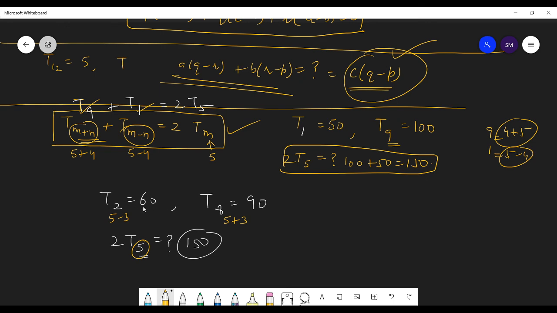Yes, sir. बेटा, समझ में आई बात? नहीं आई समझ में? आ गई सर. तो T5 प्लस 3 प्लस T5 माइनस 3 इज इक्वल टू 2T, जो बड़े वाला नंबर है 5, तो 2T5. और तो 2T5 हो गया इन दोनों का सम. और ये आपको दे रखा था 90 और ये आपको दे रखा था 60. तो टोटल हो गया 150.